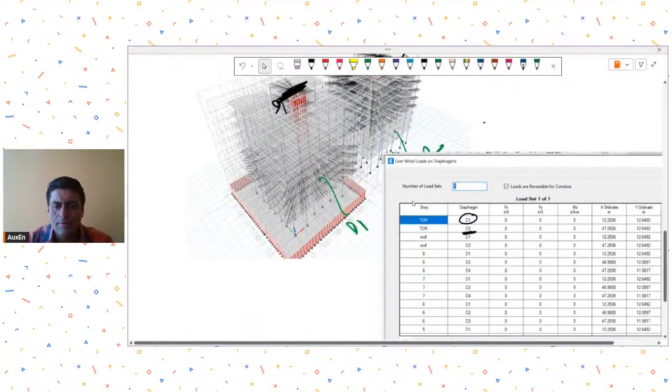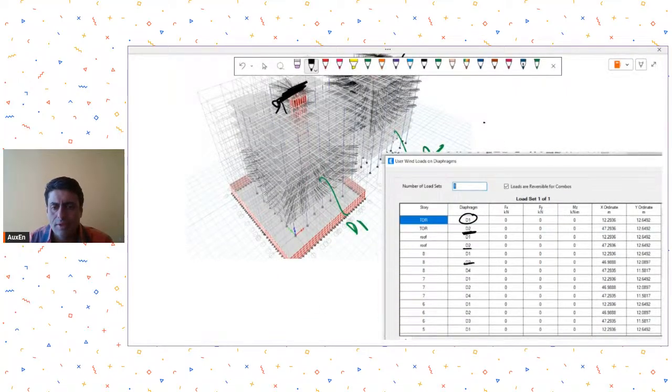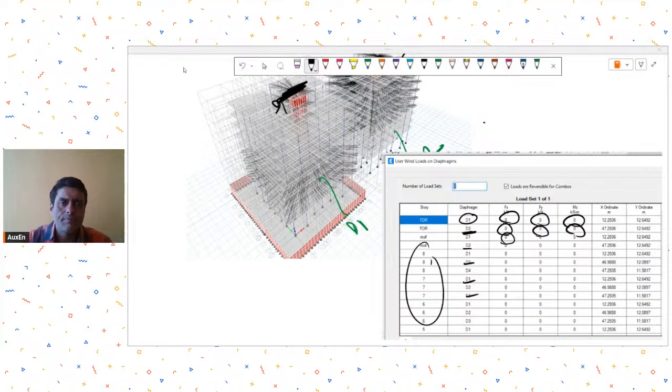So now you will see D1, D2, D1, D2 at every floor. Whatever wind forces you have calculated, you can apply over here with each respective tower at each respective floor location. This is what you can do. Is this clear?